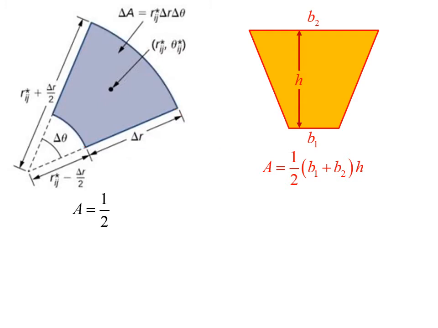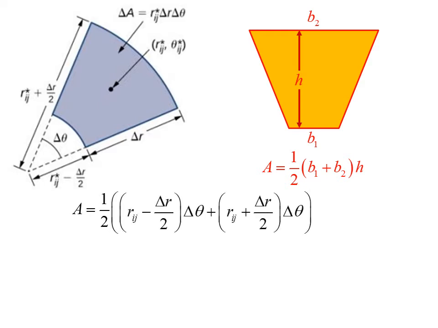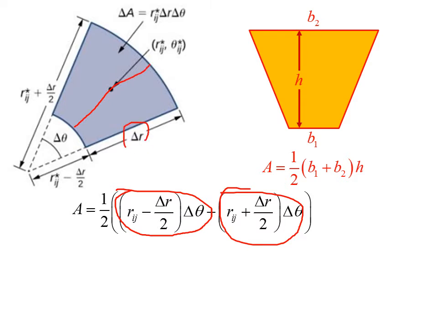Now, substituting the B1 and the B2 that we just found into the area formula, here's our B1 and B2. Now, the H is the distance from there to there, which you can see is our delta r.